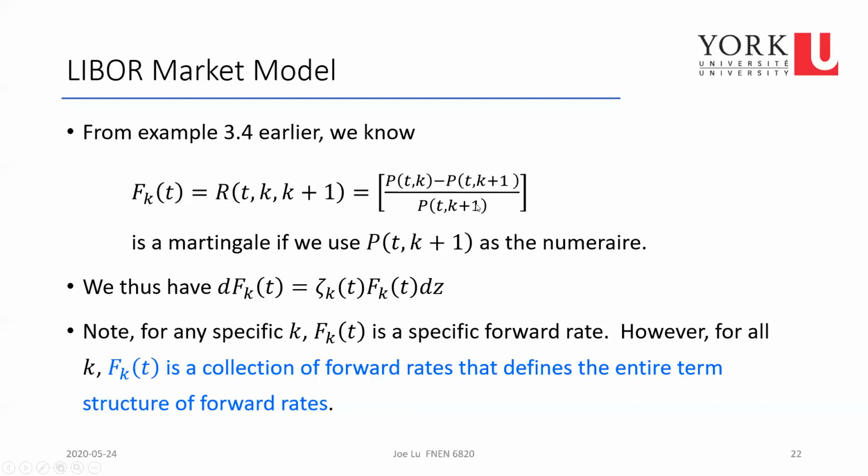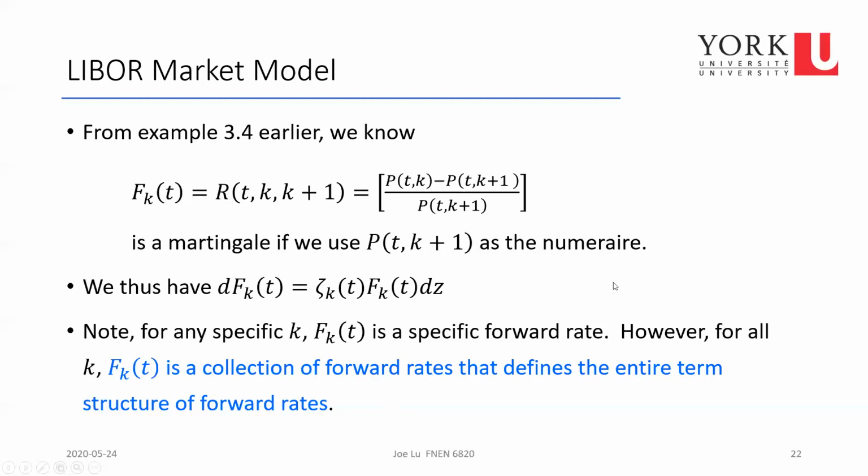So the zero coupon bond in the numerator is no longer this zero coupon bond. So Fk plus 1 is not a martingale if we continue to use this zero coupon bond as the numeraire.